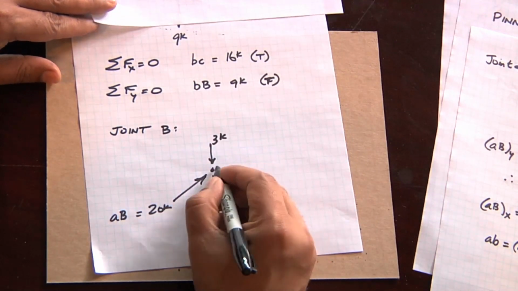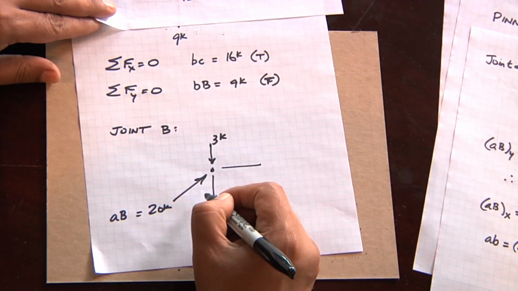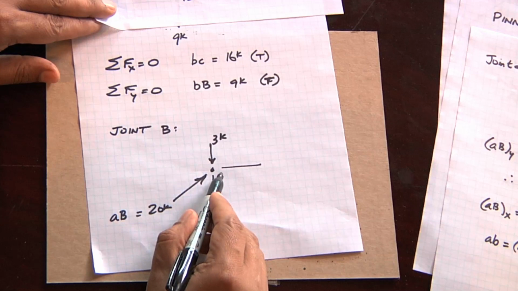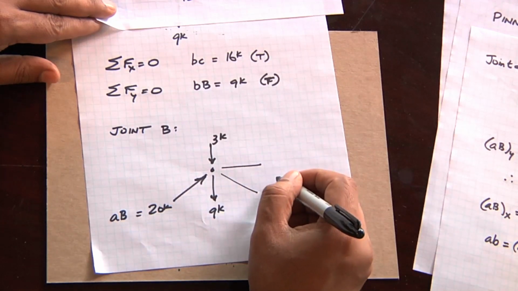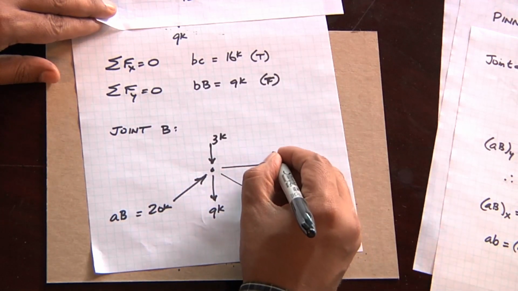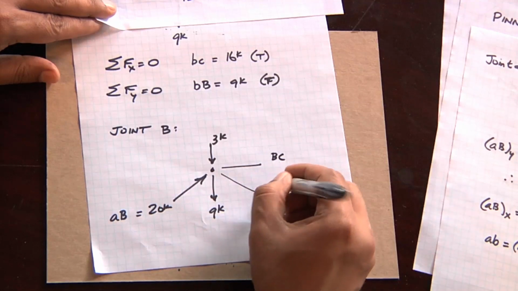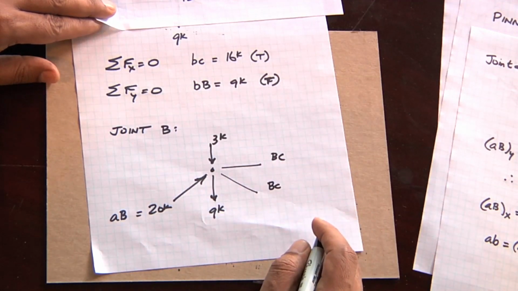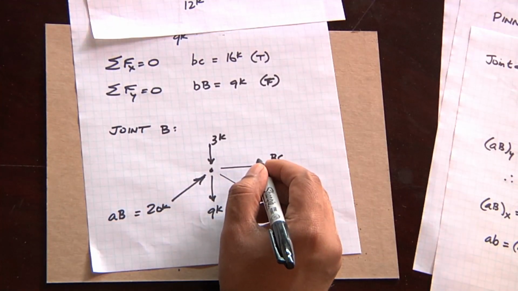We have BC, which we don't know the direction of yet, but we can figure it out with a little bit of deduction. So we have capital BC, and we have lowercase bc. How can we figure out which force is going in which direction?